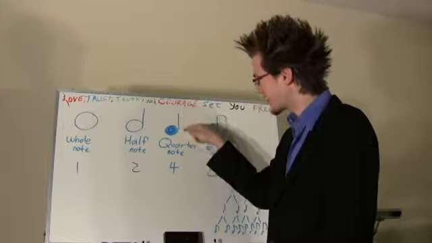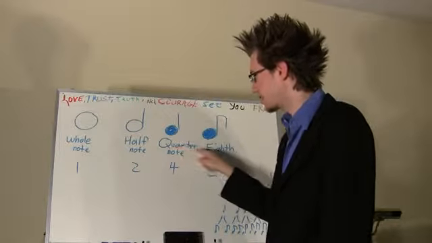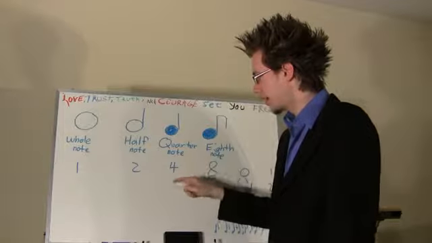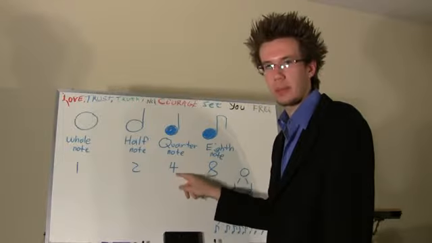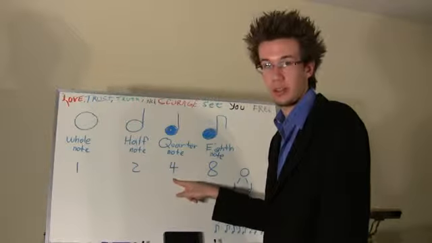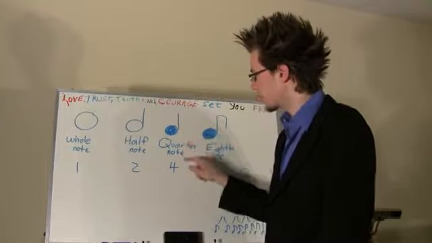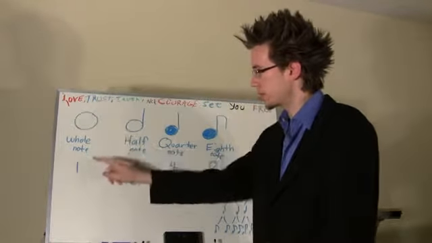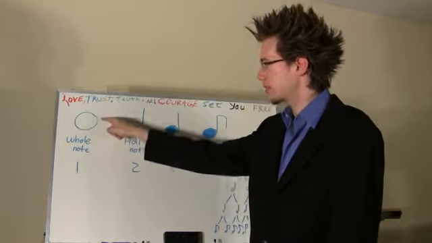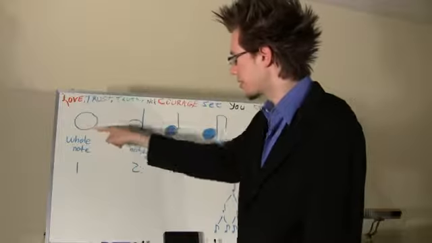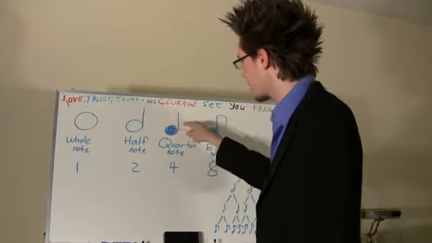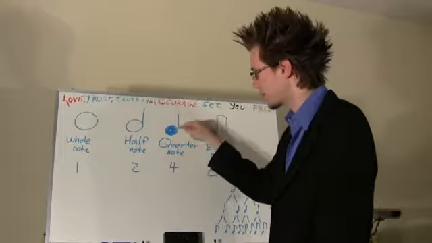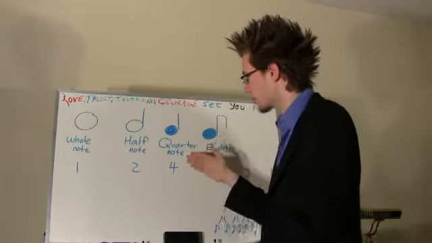This is called a quarter note, and it is usually represented by the number 4. That's its signature. So a quarter note is 4, a half note is 2, a whole note is 1. Okay?